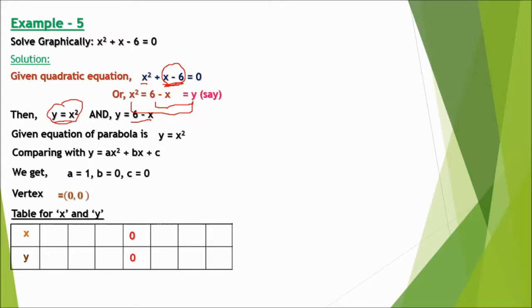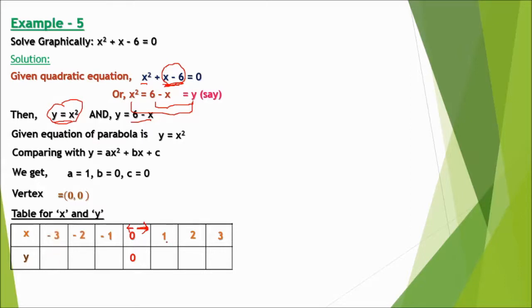Here the values will be greater than 0, that will be 1, 2, 3 on the right hand side. Lesser values than 0 on the left hand side: minus 1, minus 2, minus 3.